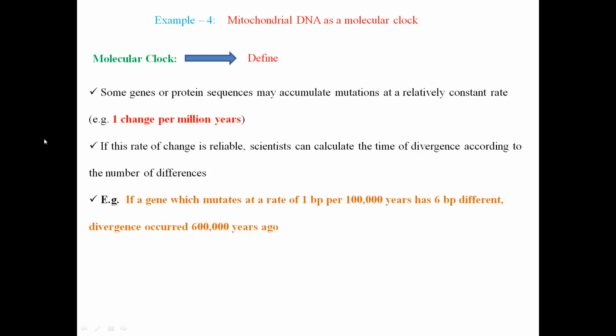For example, if a gene mutates at a rate of one base pair per given period and there are six base pair differences, we can work out the divergence occurred that many years ago. This concept is called the molecular clock and is limited by a number of factors.